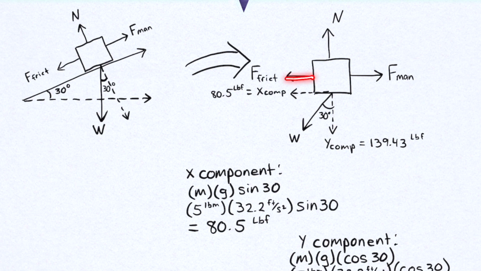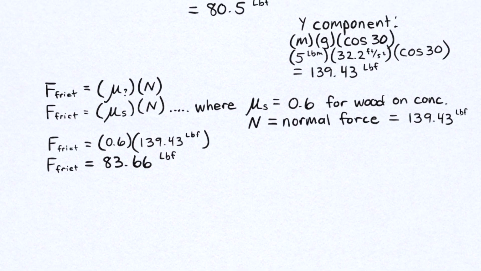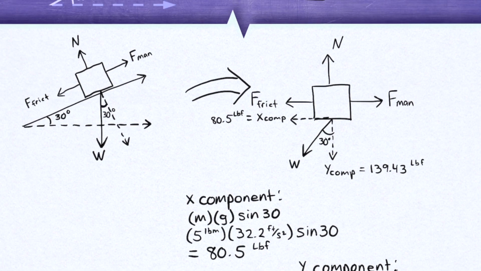So this force right here that's opposing the man pushing the box is going to be 83.66. So I'm going to, okay, fine, I'll label it. It's not going to look good, but equals 83.66 lbf.